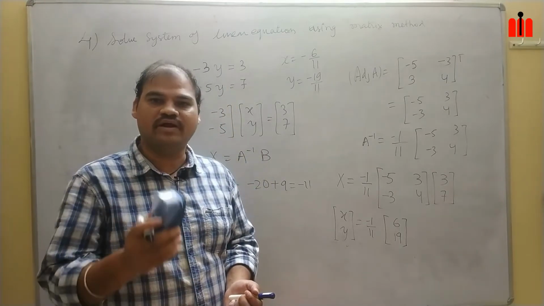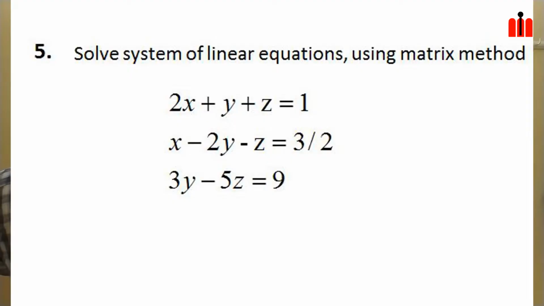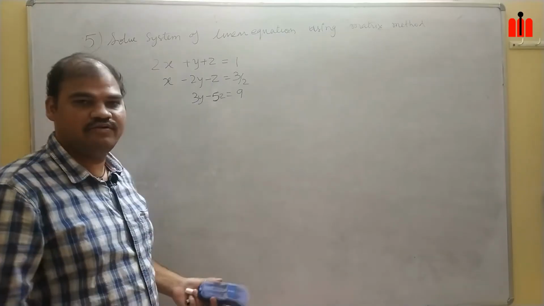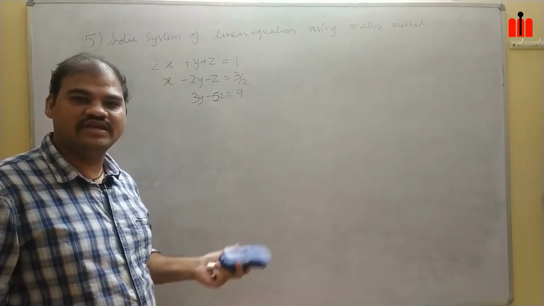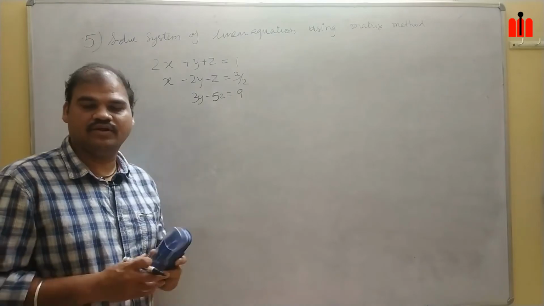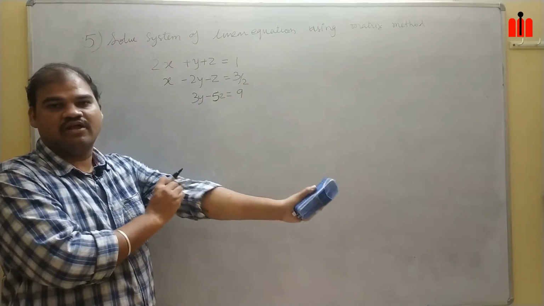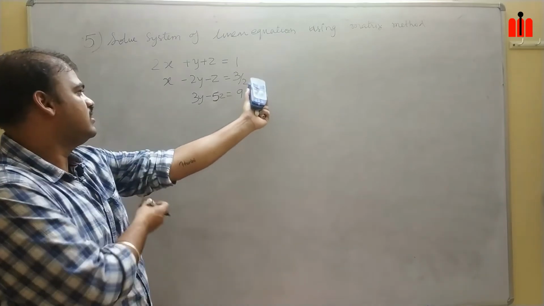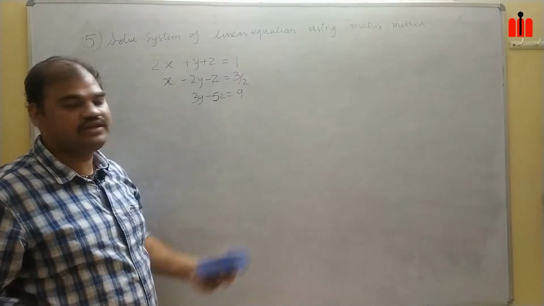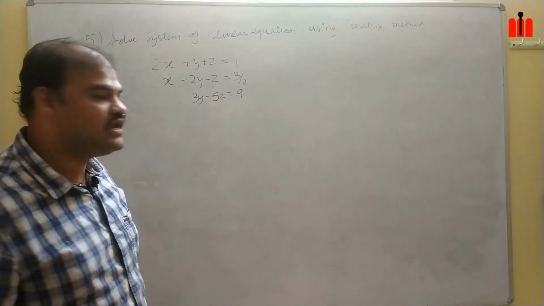Let's move on to problem number 5. Problem number 5 says we have to solve this system of linear equations. This has three variables: x, y, z. For the second equation, the constant is a fraction, 3 by 2, so I will multiply the entire equation by 2.